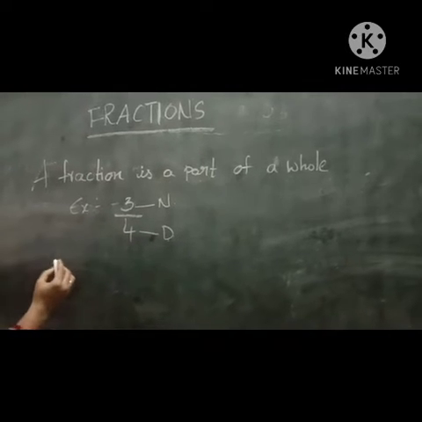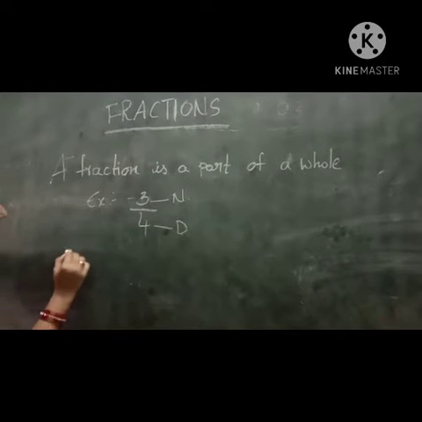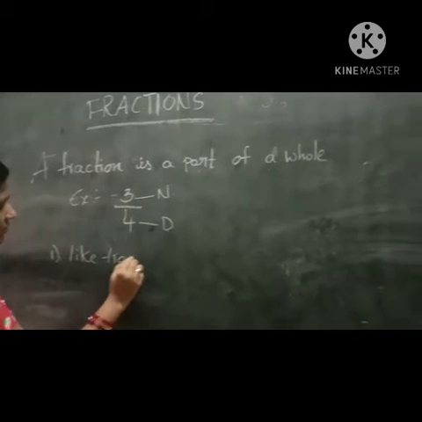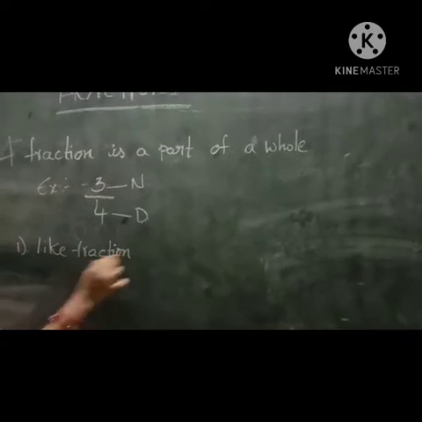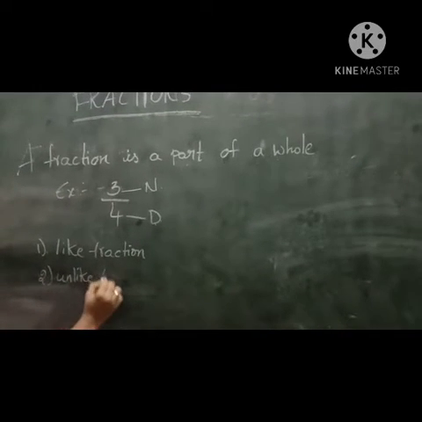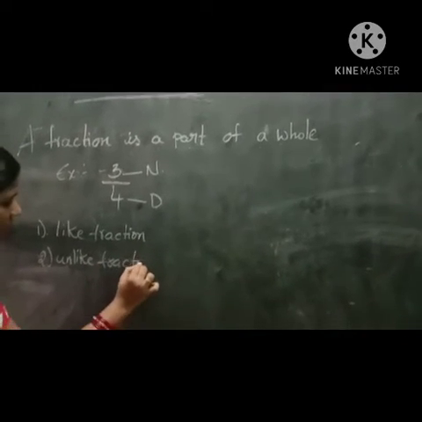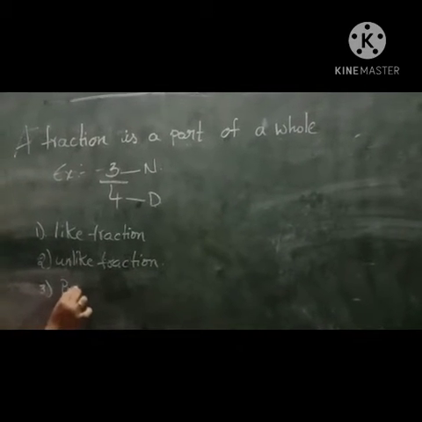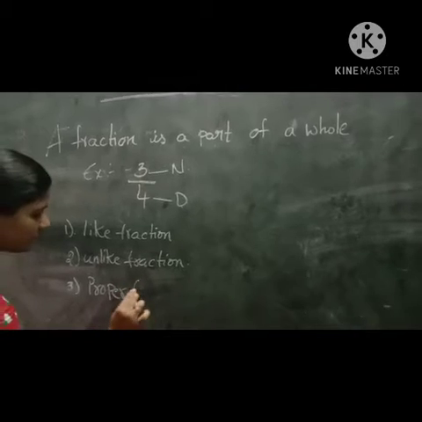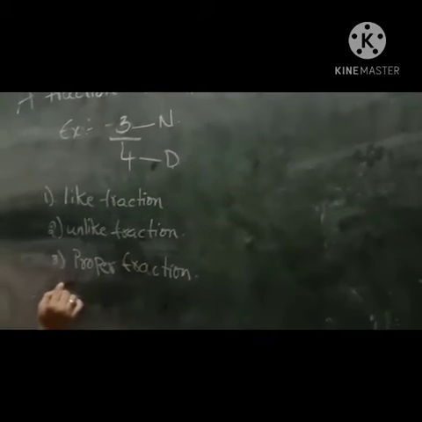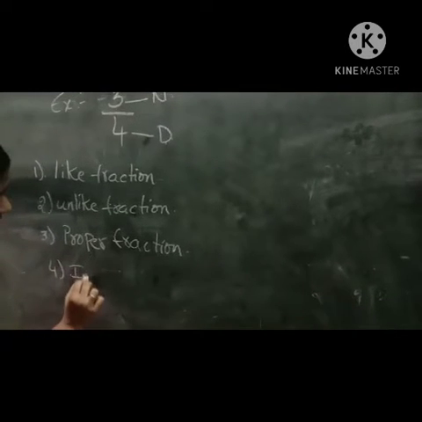In fractions, we have so many types. First one is like fraction. The second one is unlike fraction. The third one is proper fraction. The fourth one is improper fraction.